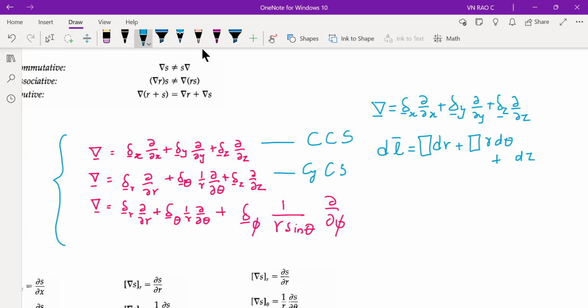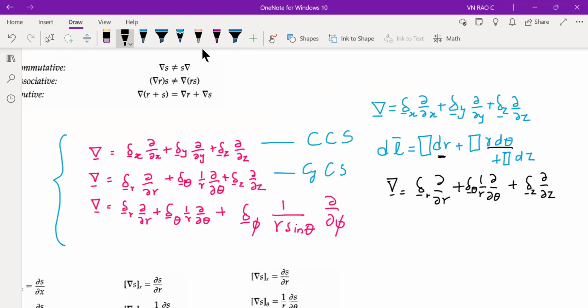If these things are known, writing the del operator is easy. That means del is equal to, you have here dr, so dou by dou r, of course with unit vector delta r, plus here you have r d theta, so 1 by r dou by dou theta, plus dou by dou z with unit vector delta z.